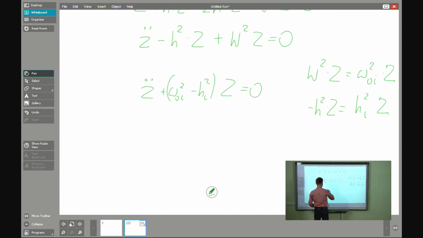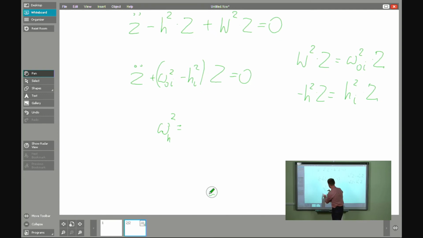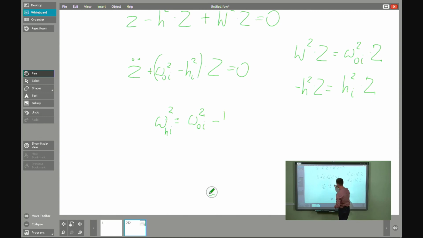And now we have the eigenvalues, I mean the omega of our mu, or omega 0, no, sorry, it will be omega h. I mean omega of damped vibration connected with the particular damping coefficient will be given as a difference of the natural frequency of the undamped system minus corresponding damping coefficient.